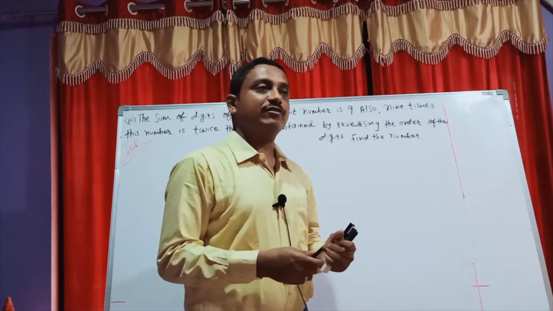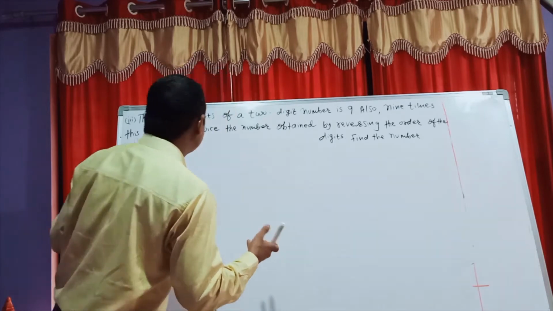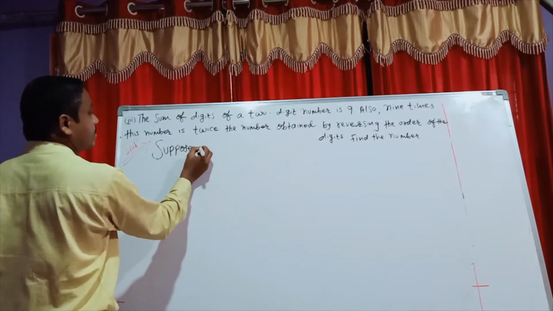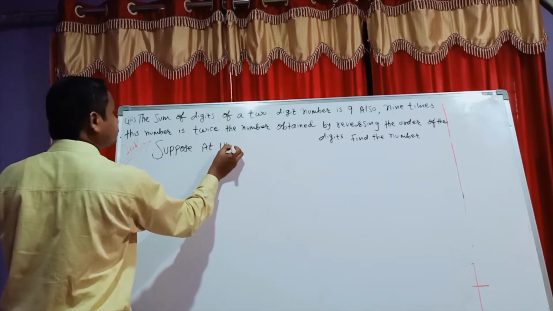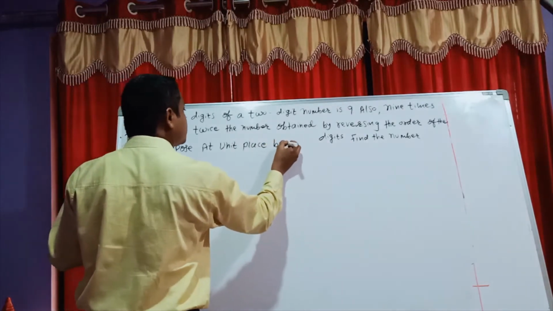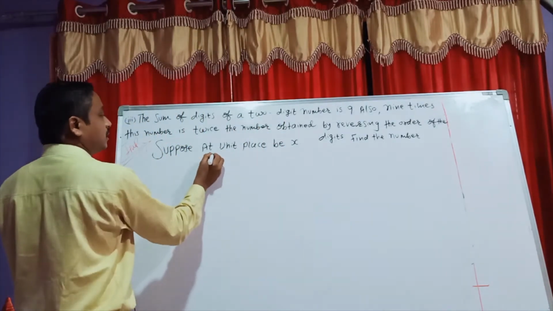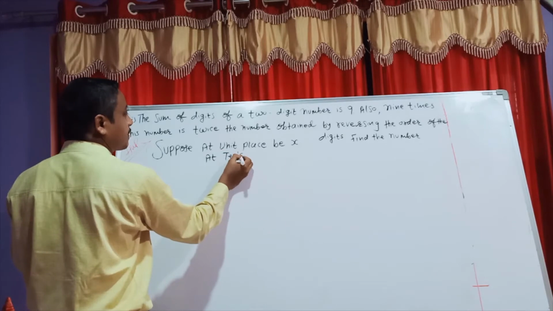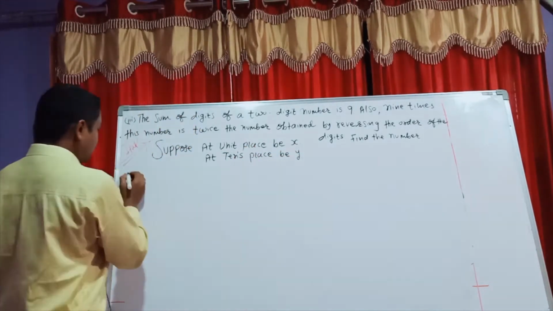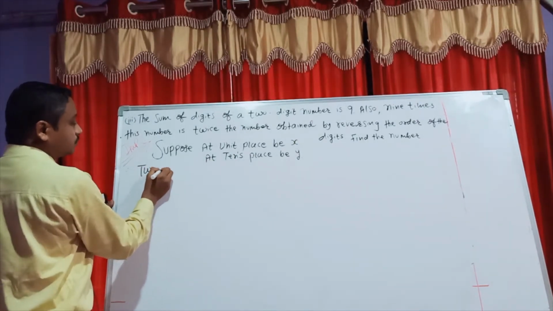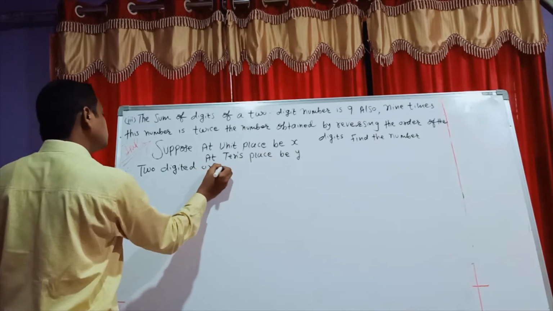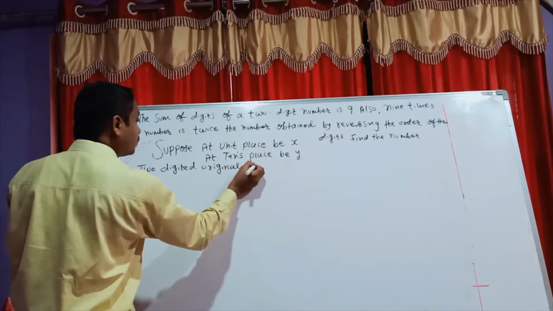It means, students, here I start first of all with the 2-digit number assumption. So suppose at unit place x and at tens place y. Therefore the 2-digit original number.